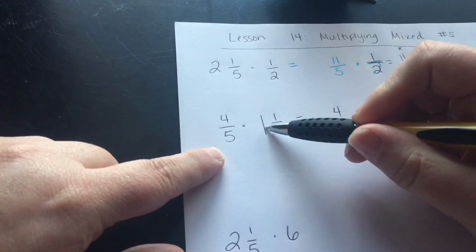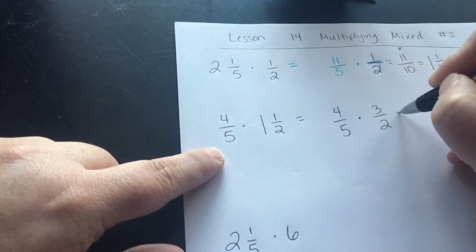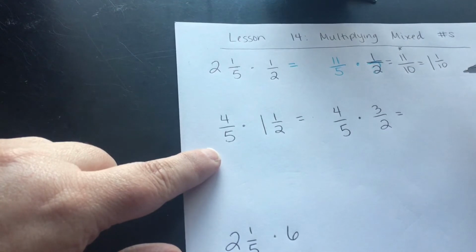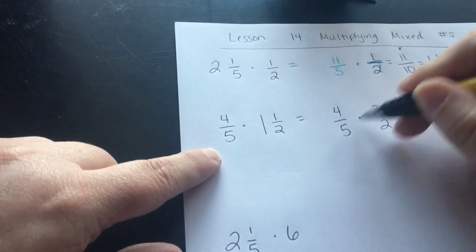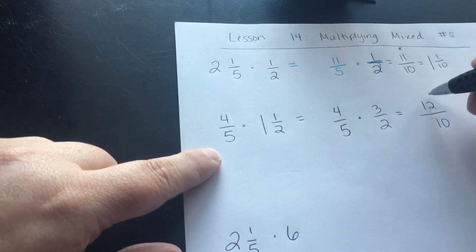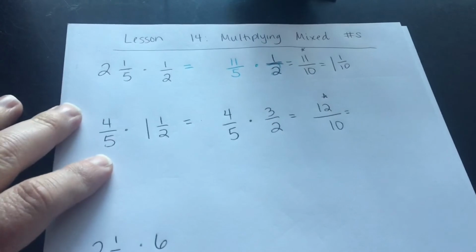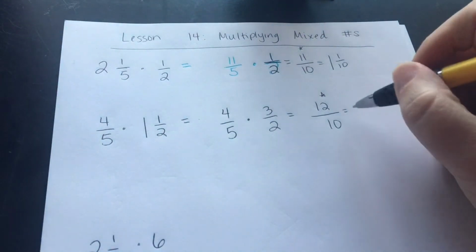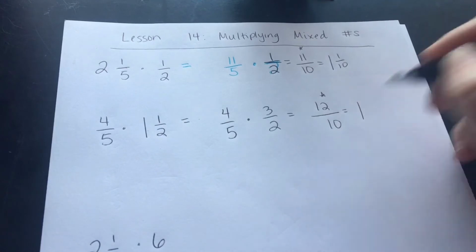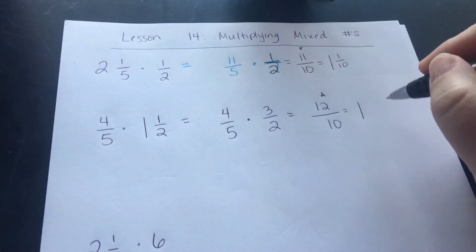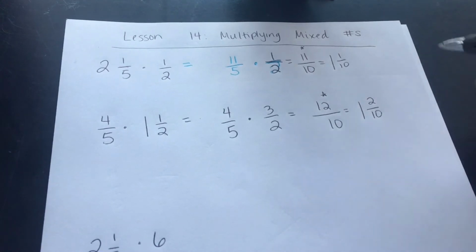2 times 1 is 2, plus 1 is 3. So 3 halves. Now I'm going to multiply tops and multiply bottoms. 4 times 3 gives me 12. 5 times 2 gives me 10. This is right, but there's a more right answer, which is to mix. How many 10s are in 12? Well, 1 10 lives in a 12. How many would be left over if you subtract? 2 out of 10.